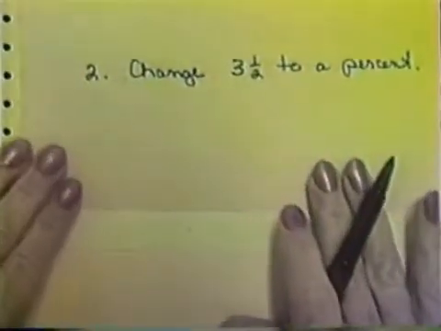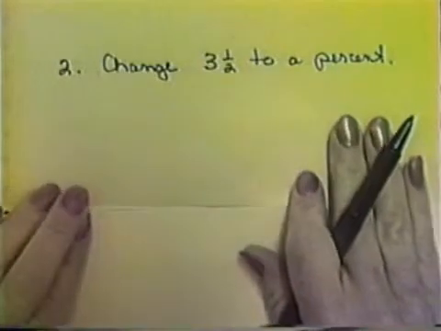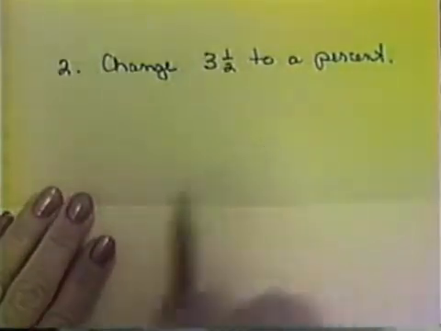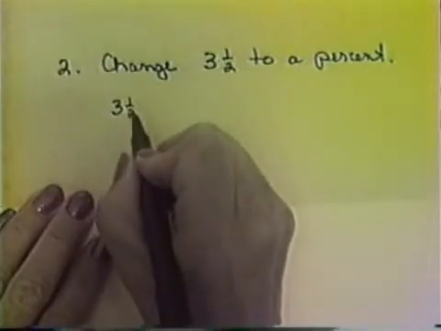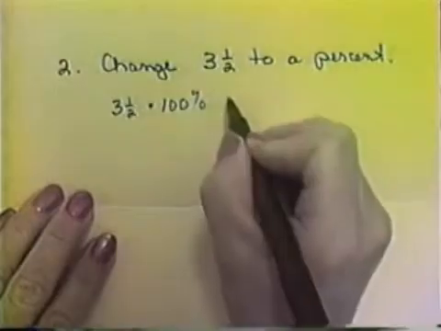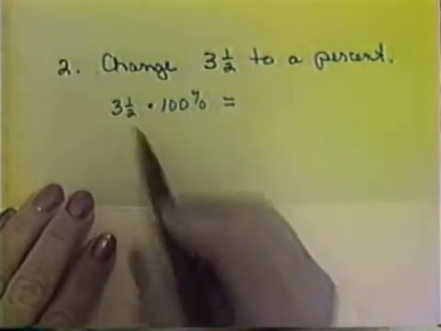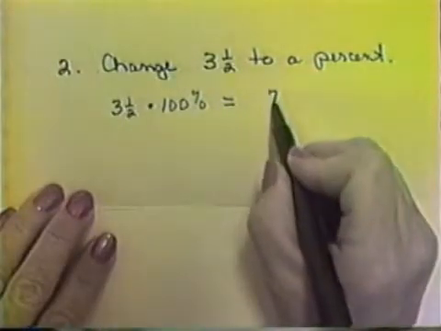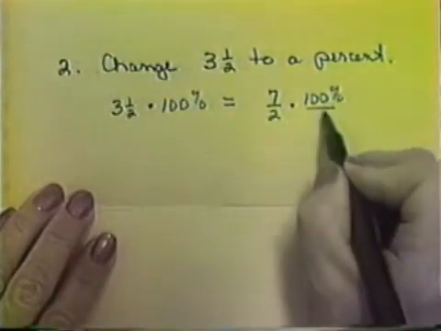And let's look at our second example. We want to change 3 1/2 to a percent. So we're going to take 3 1/2 and multiply by 100%. In order to multiply, I'm going to have to change to an improper fraction. That becomes 7/2 times 100% over 1.